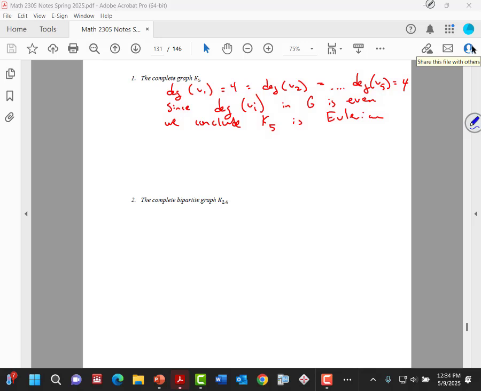Let me resketch this graph. Notice what I can do is I can traverse the perimeter like we just did, and now I can do the inner star more or less, like so, and there we have it.